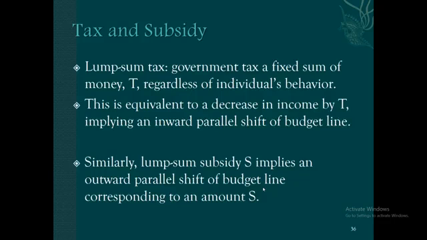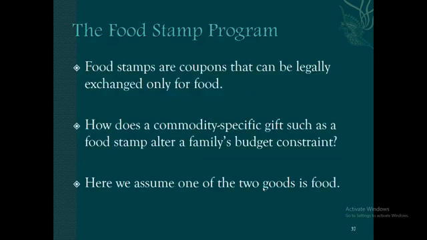In fact, it implies an outward parallel shift of the budget line corresponding to the amount of subsidy given. Now, in the real world, you have other programs like food for work, like in India, the MGNREGA program, that is the rural employment guarantee scheme, where you are also getting an income and are guaranteed work. But that is not what we are talking about.